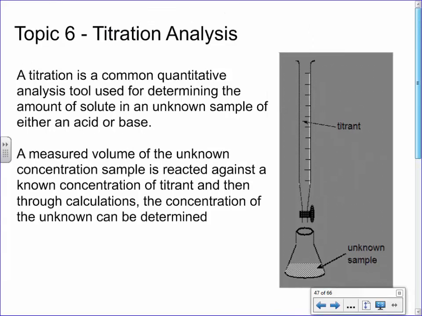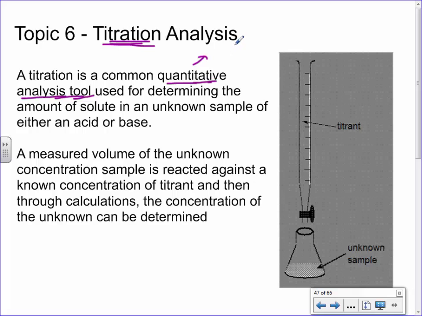One of them is a scientific technique called a titration. If any of you go on to university level chemistry, you're going to do titrations. This is a really common technique. Basically, it's a quantitative analysis tool, quantitative meaning that we're looking for a quantity.